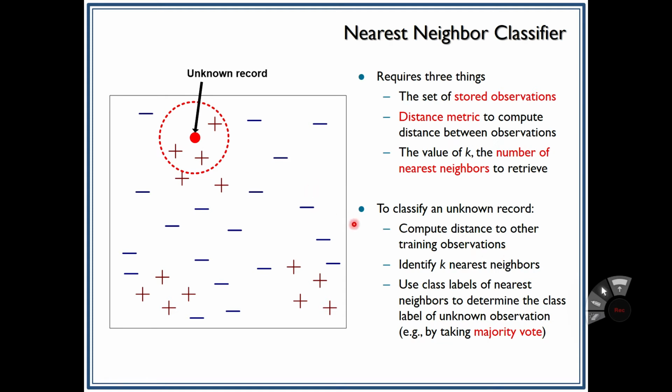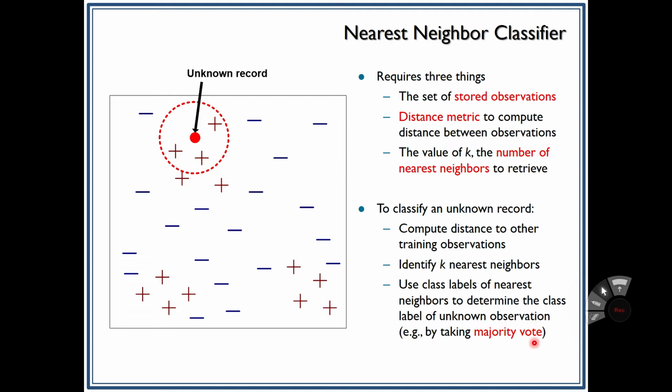There are many observations in the training set, and to classify a new object, we first compute the distances, and then based on those computed distances, we can identify the k nearest neighbors. We select the k data points that are closest to the new observation, and use the class labels of the nearest neighbors to determine the class label of the new data point by majority voting.